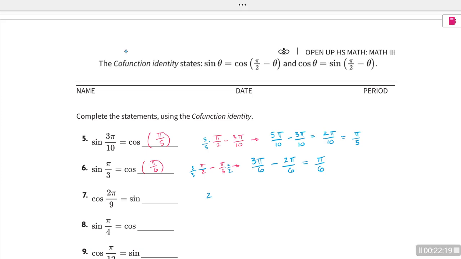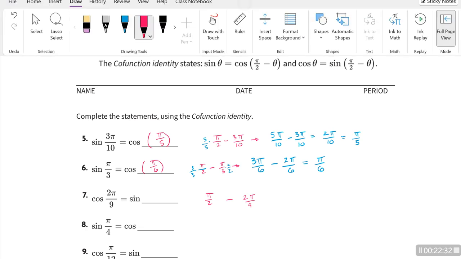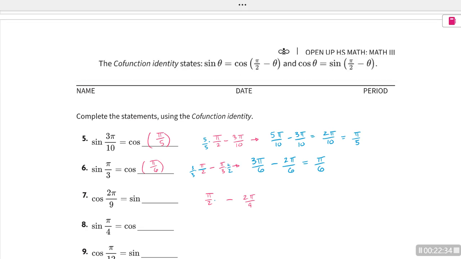Okay, so now 2 pi over 9. Let me write pi over 2 first. Pi over 2 minus 2 pi over 9. Again, I need to find a least common denominator. Let's use 18. So I'm going to multiply by 9 over 9 and 2 over 2.